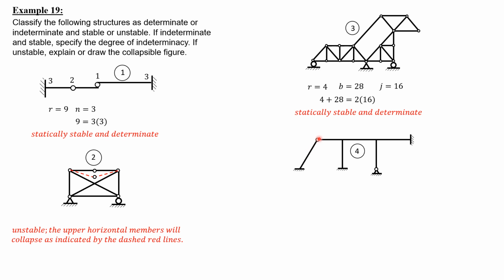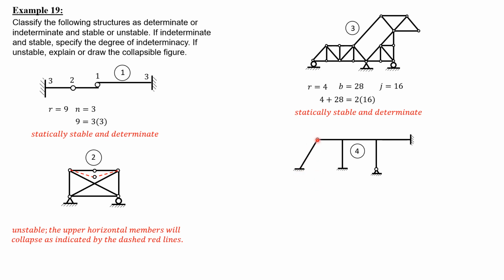For bars, this is 1 bar, 2, 3, 4, 5, 6. So 11 plus 3 times 6 is 29. Then for the joints, 7 joints. And there is one condition here because there are two members here. The number of conditions is equal to number of meeting members minus 1. So there are two meeting members minus 1, so we have one condition here.